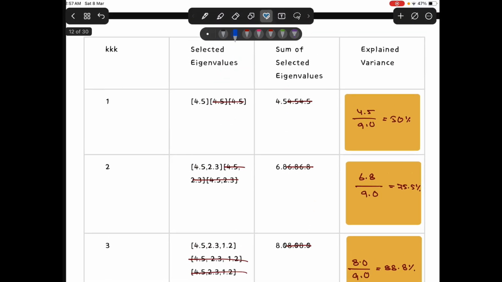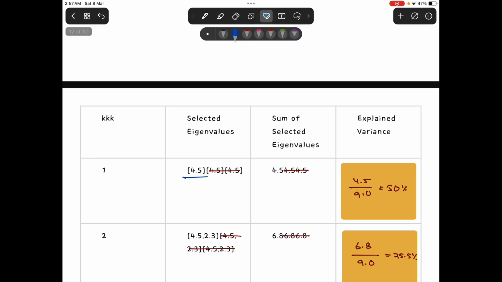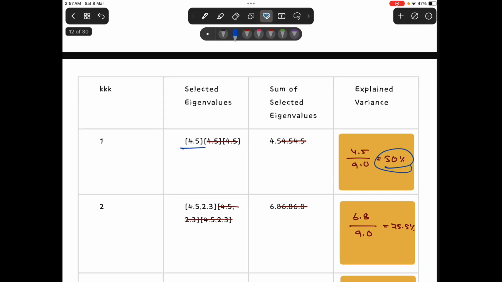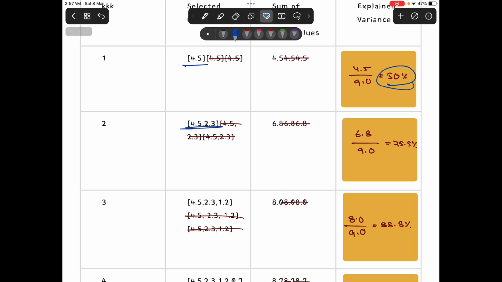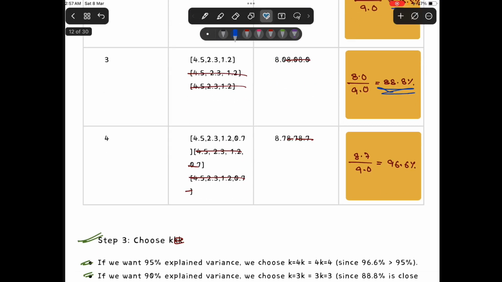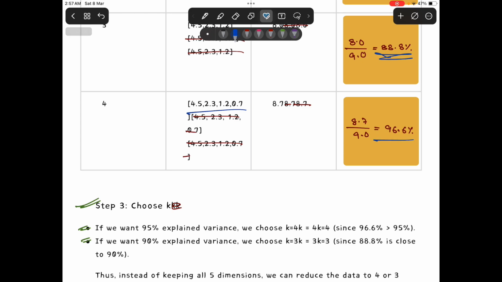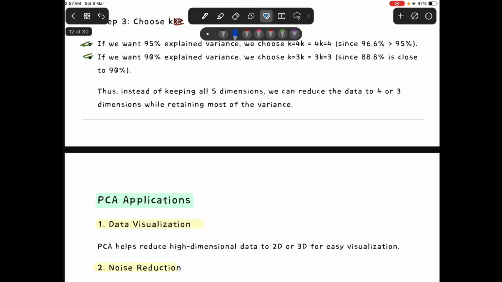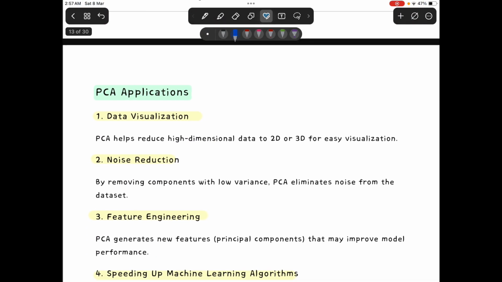The first component, PC1, is 4.5 and covers 50% of variance. Two components cover 75.5%. Three components cover 88.8%. Four components cover almost 96.6%. So the features are reduced to four components.